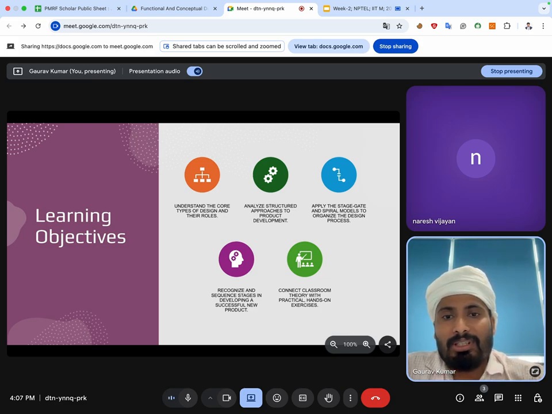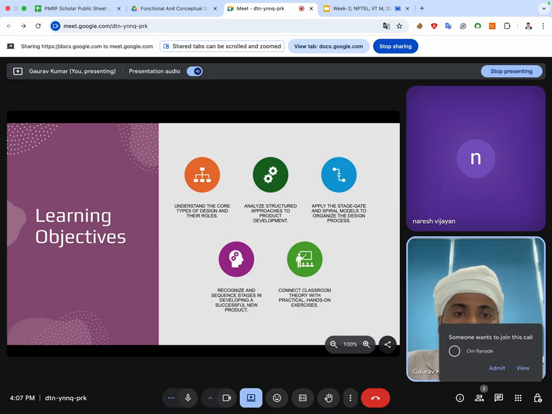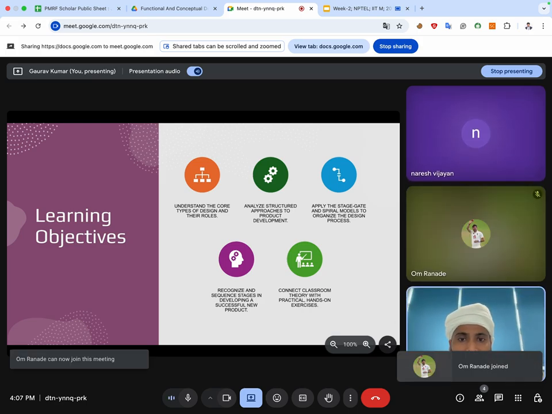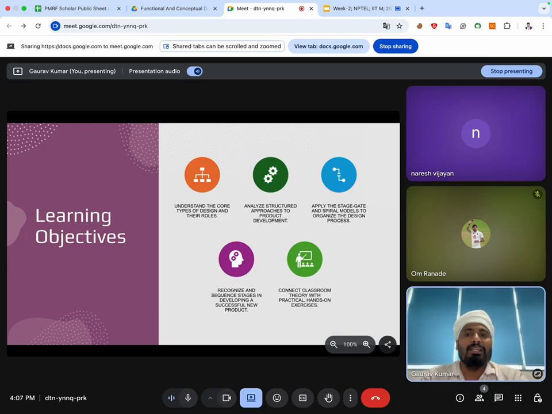Original is about inventing from scratch. Adaptive is reusing something in a new way. Variant is creating a version of an existing product. Understanding these types will help you identify where your idea fits in the innovation landscape.